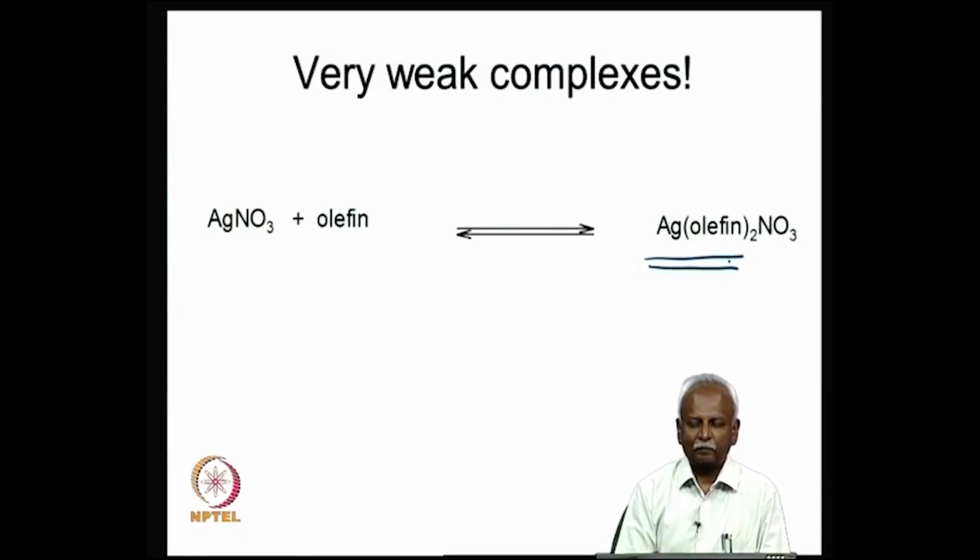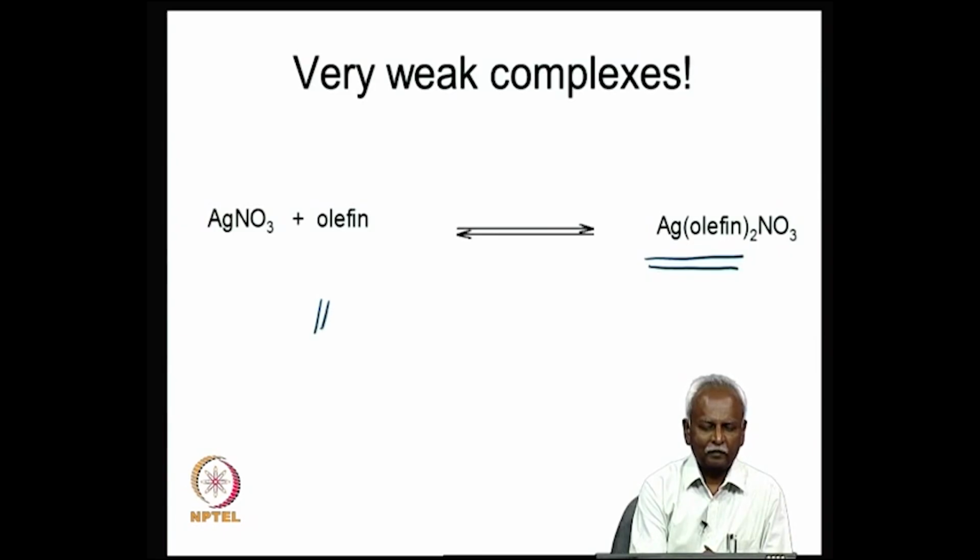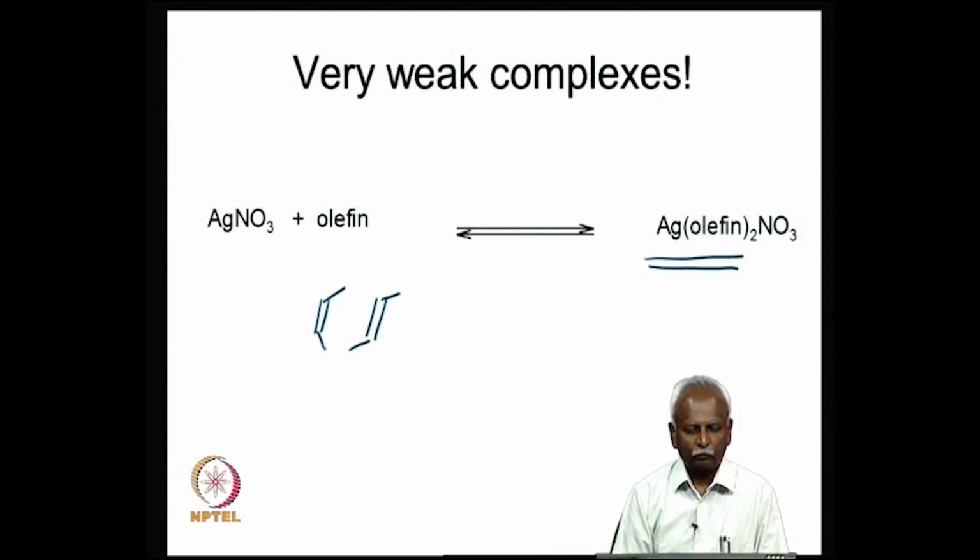So, in other words, the stability constants of two different olefins will differ. If you have the cis and the trans isomers of 2-butene, they can be very easily separated utilizing this trick, because the stability of the trans butene complex is less than that of the cis butene complex.